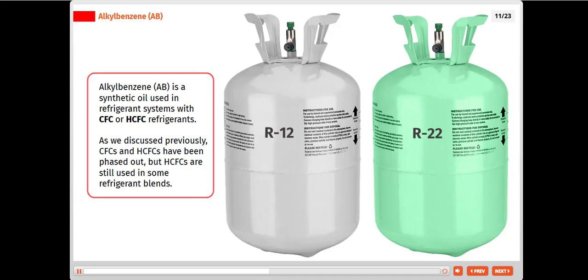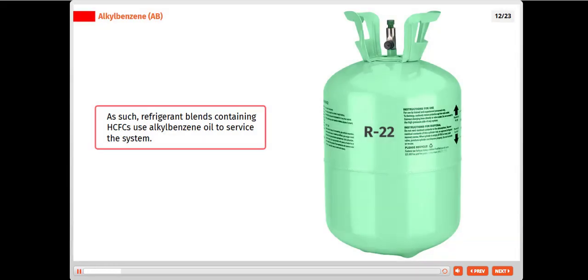As we discussed previously, CFCs and HCFCs have been phased out, but HCFCs are still used in some refrigerant blends. As such, refrigerant blends containing HCFCs use alkyl benzene oil to service the system.